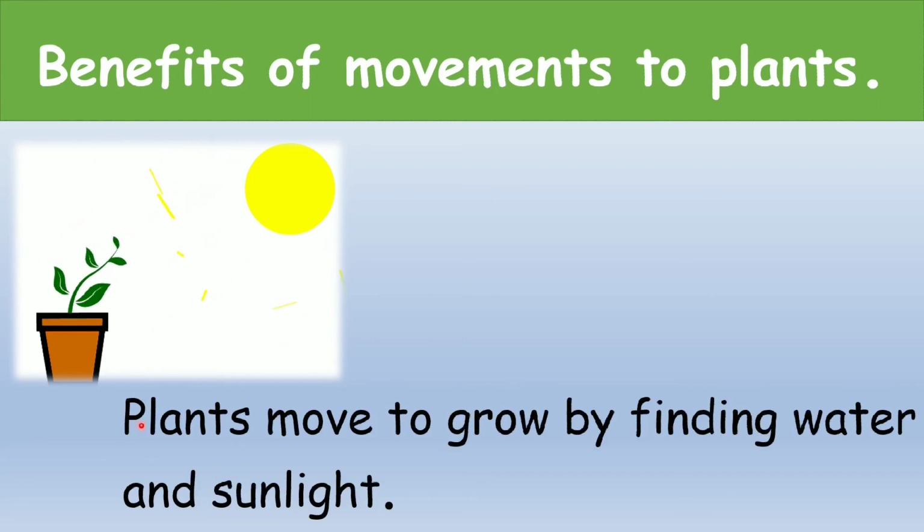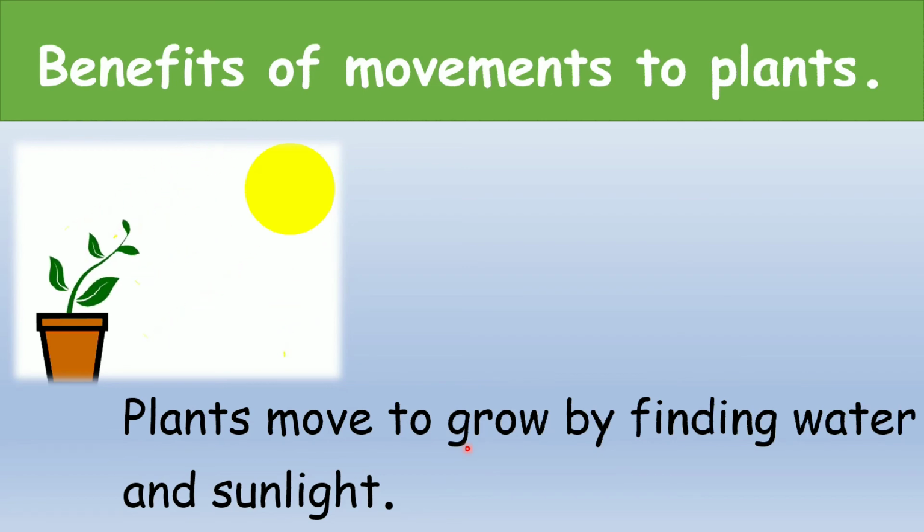Well, plants move to grow by finding water and sunlight. Plants move to grow from a seedling or seed, because plants need to grow from being a seedling or seed into a fully grown plant.